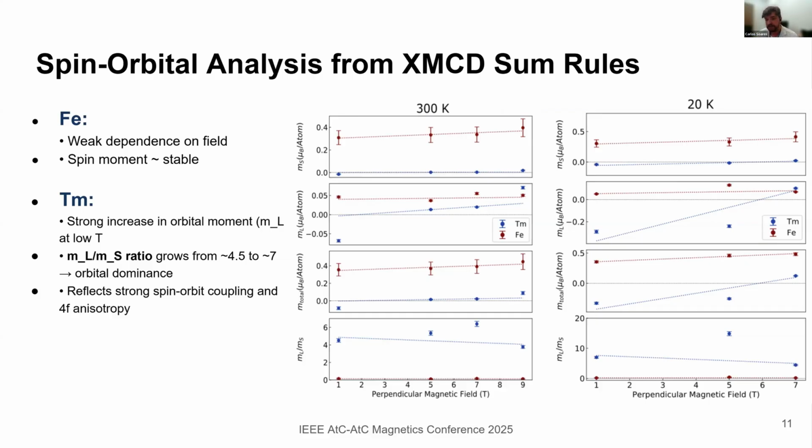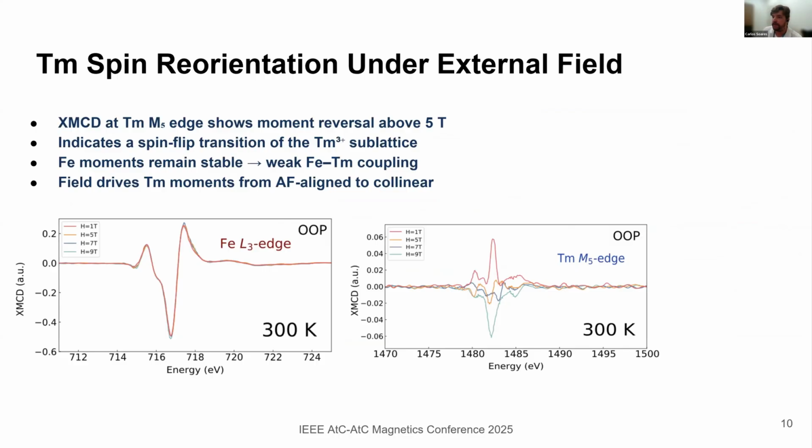In the experiment, we use total electron yield to capture the information. I think it does not have much noise in the measurement. Okay, for example, here you have good information about the dichroism. It's possible to apply some sum rules and quantify the magnetic moment, both the orbital and the spin characterization.